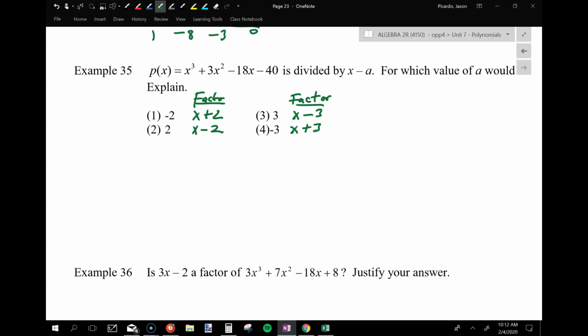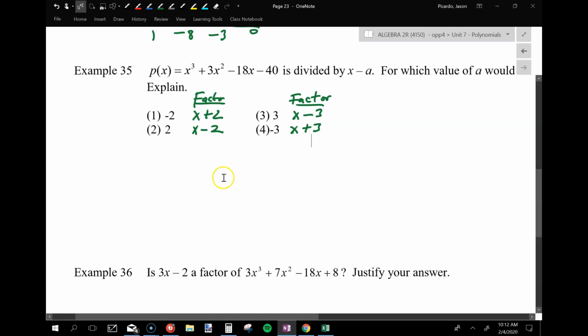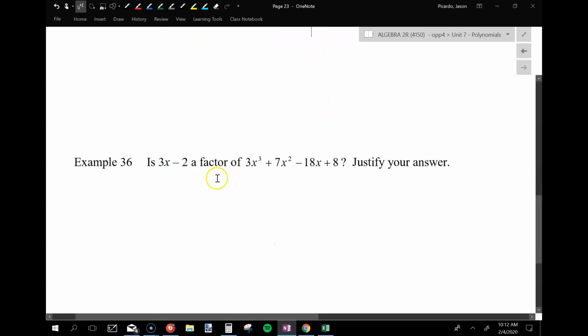Yeah. All right. I'm going to skip that. Is that okay, guys? You know what you need to do, right? Check each answer, okay? Giovanni, this goes back to what you were saying a few seconds ago. You said, is 3x minus 2 a factor of this? And you said, well, I just changed the sign of that. But I said, well, don't think of it that way. Think of it as I need the root. And how do I get the root? I set it equal to 0.